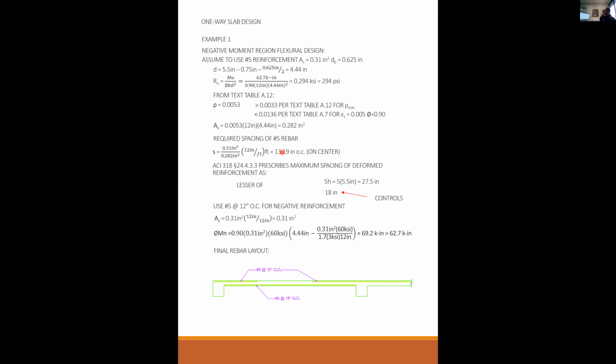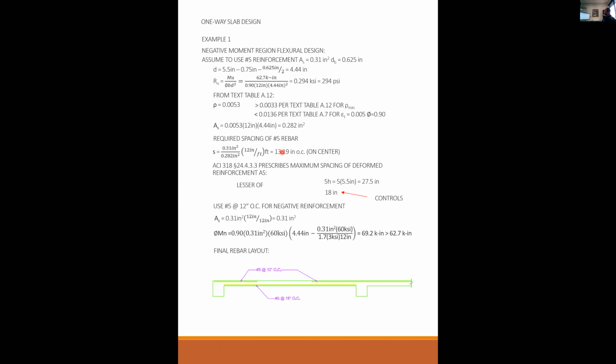Because you're not going to ask a contractor and a construction company to put number 5s at 13.19 inches on center. You're not going to do that, because you know that if you did that, somebody's going to come back to your office with a shovel and they're going to hit you over the head, because that's going to make them very angry.